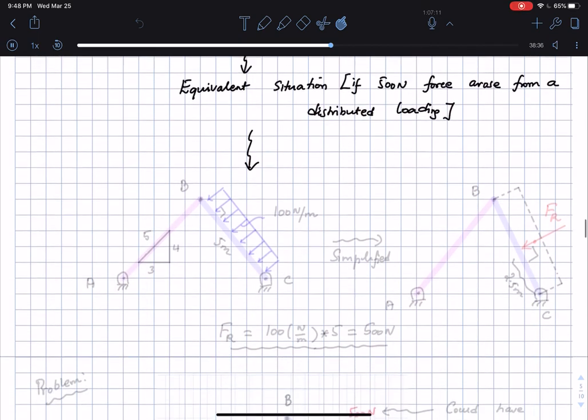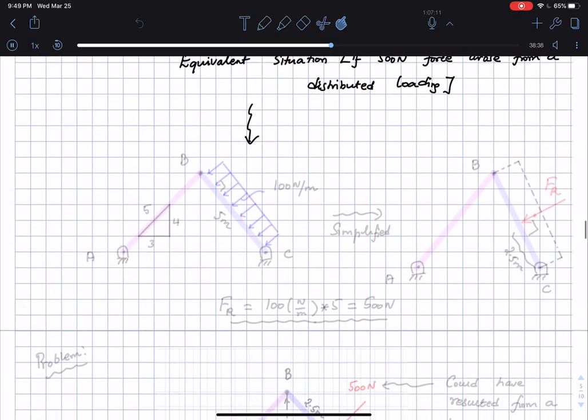Okay, so once again I'll have the same bars BC and AB. Okay, so look at this. So in this case I would have this bar here, and then this is the bar BC. They would have been pinned to the ground as before, and there is a pin that is holding them together at the point B. This is the point A, this is the point C, and you know that the slope triangle is 3, 4, 5.